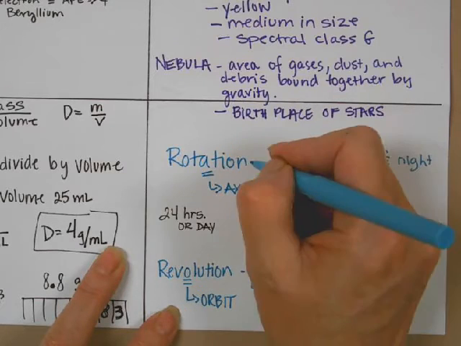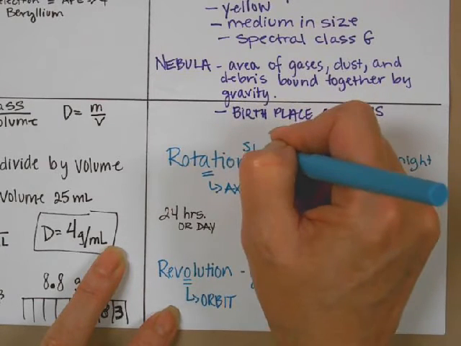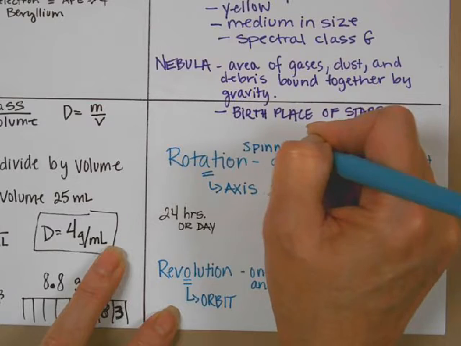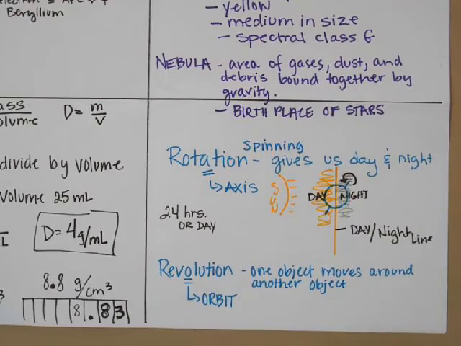Whereas rotation gives us day and night. Rotation is spinning on an axis. And revolution is following an orbit.